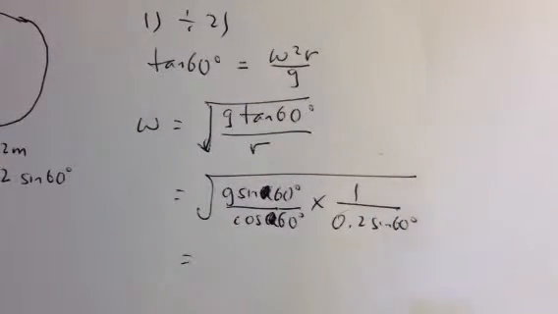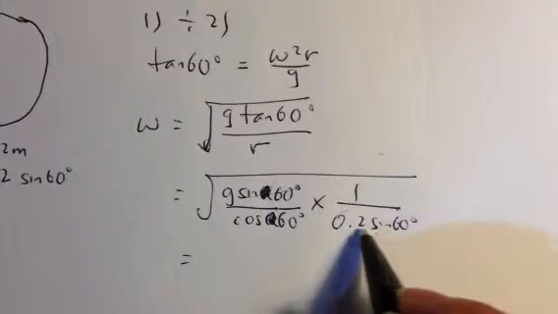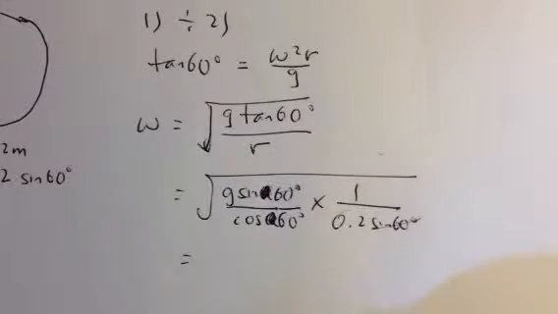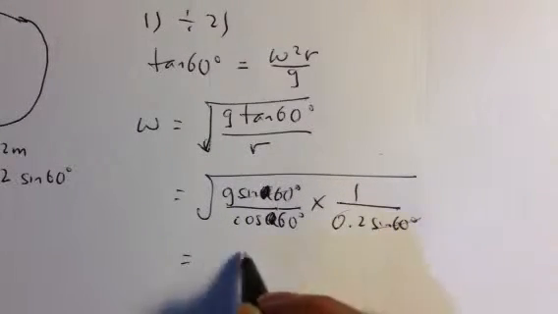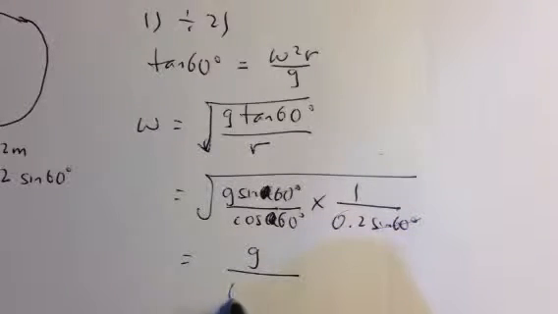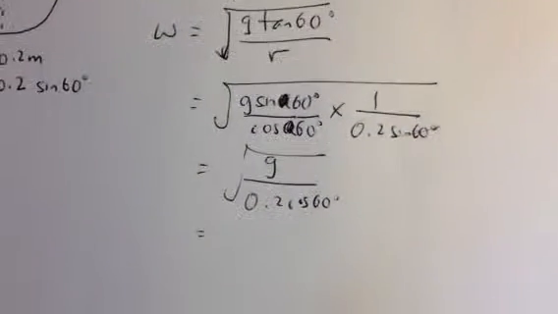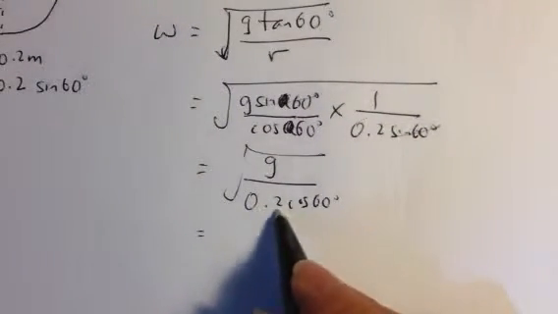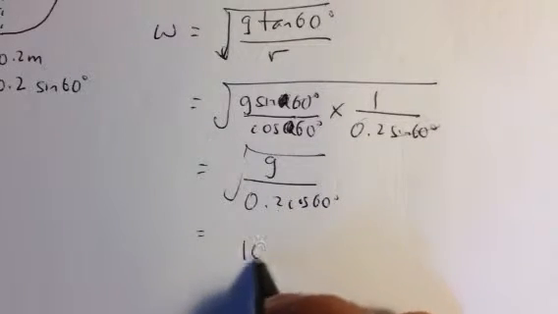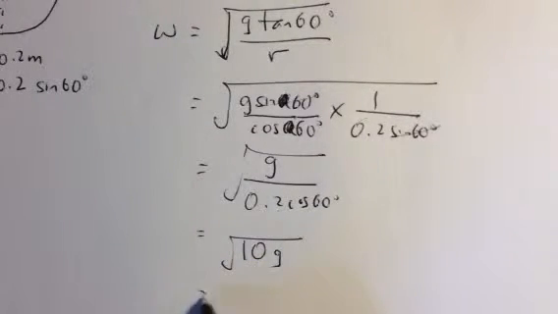Now these two will cancel out. It should give you the root of g over 0.2 cosine 60 degrees. Since cosine 60 degrees is half, then you get 0.1, so it becomes 10g. You actually get the root of 10 times 9.81. That's it.